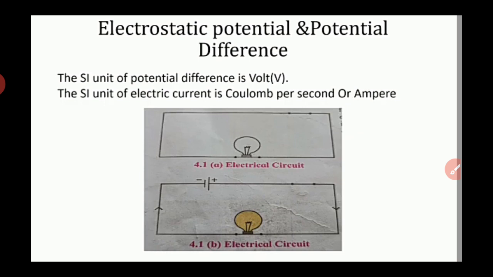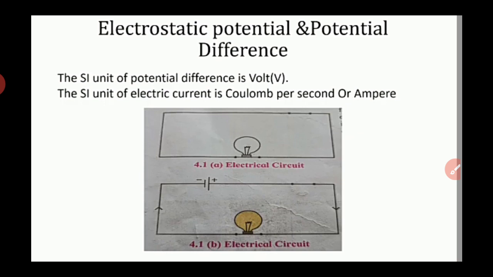The electrostatic potential is the electric level which decides the direction of flow of electric charge. And potential difference is the difference between the 2 points in the electric circuit.